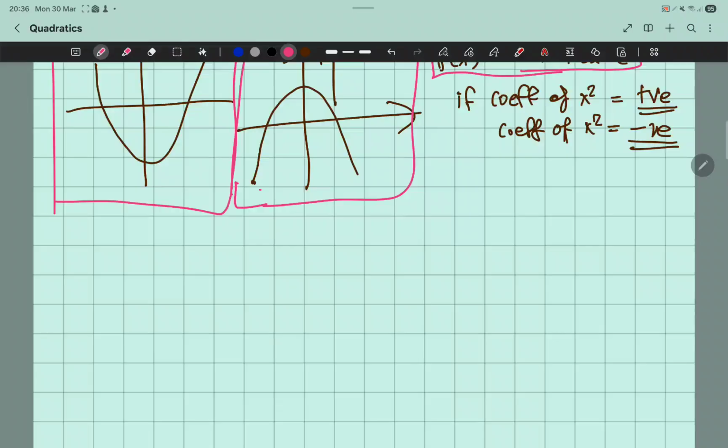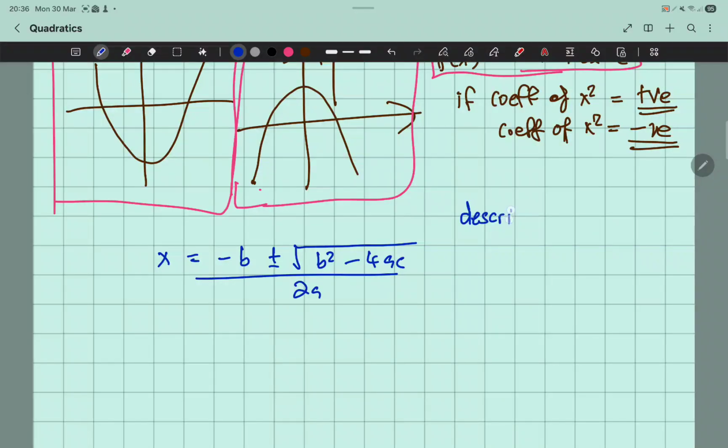So when we are dealing with quadratic functions, there is something that I want us to look at. Taking our quadratic equation, x is equal to negative b plus or minus root of b squared minus 4ac, all that over 2a, there is something we want to look at called a discriminant. So our discriminant is equal to b squared minus 4ac.